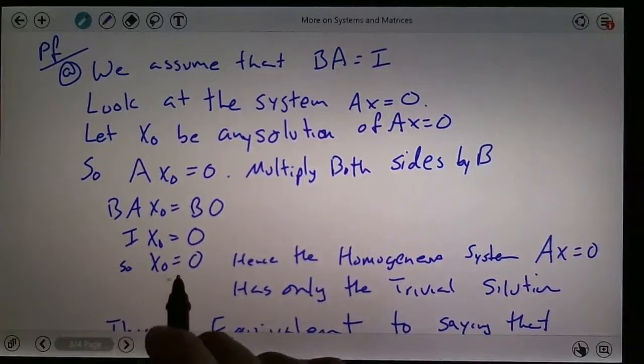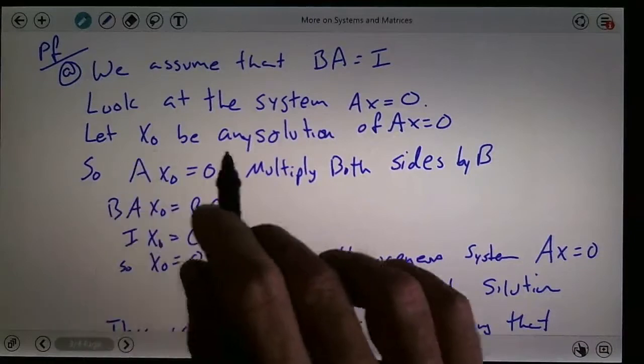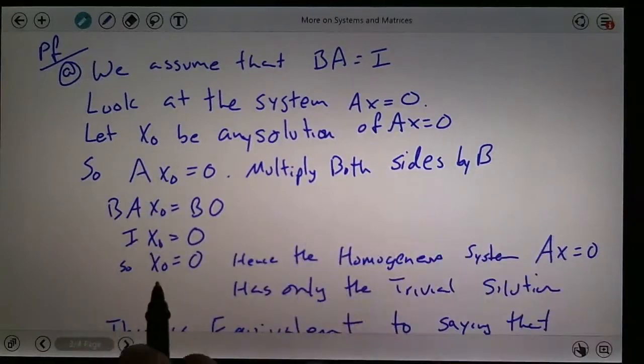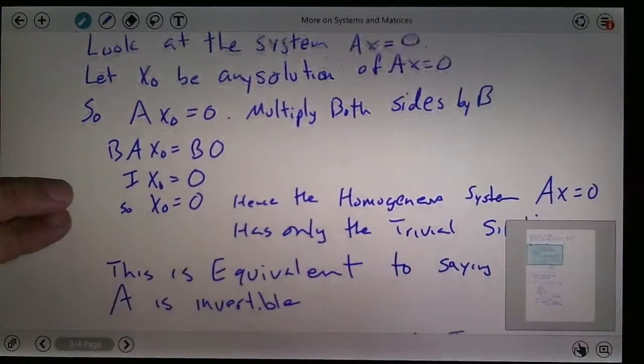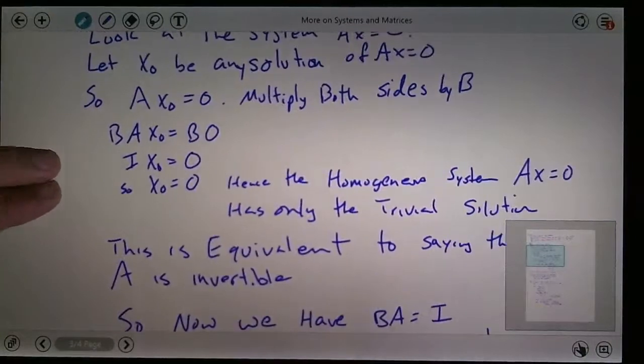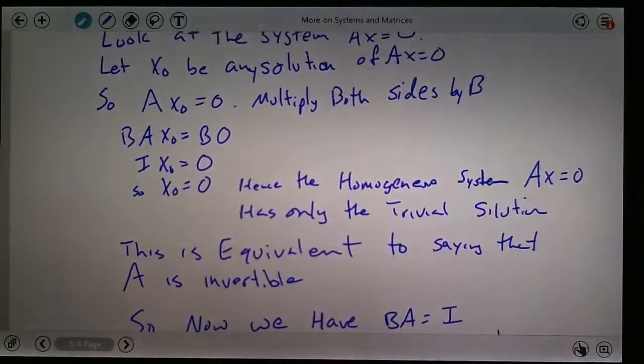And so what we end up with here is that x0 equals 0. I let x0 be any solution, and I showed that any solution had to be just the trivial solution. Hence, the homogeneous system AX equals 0 has only the trivial solution. By the equivalent statements theorem, this tells me that A is invertible.